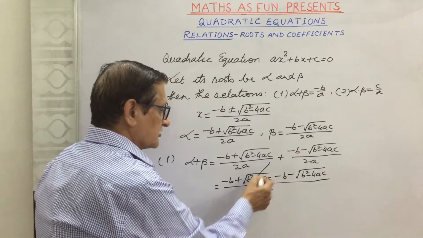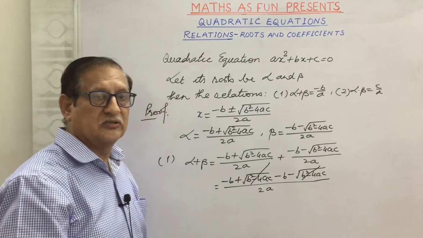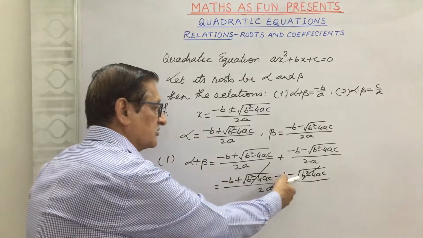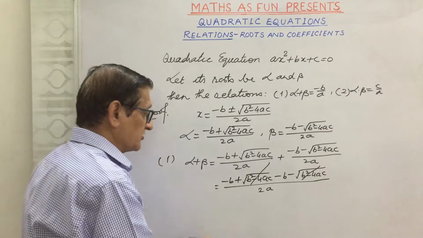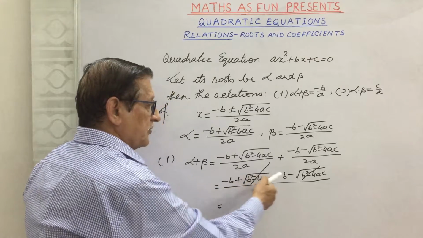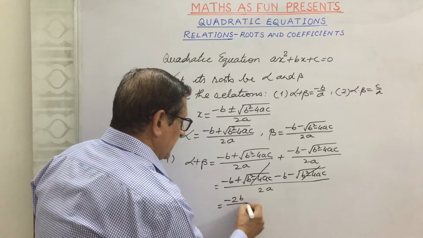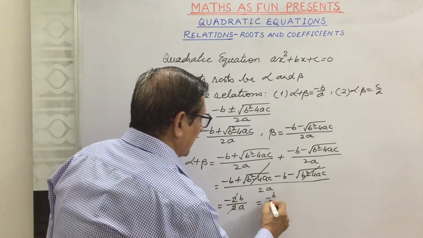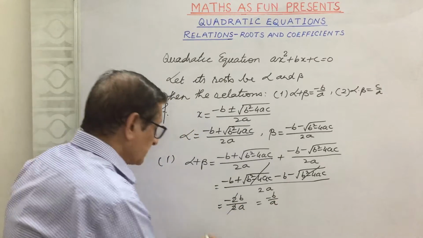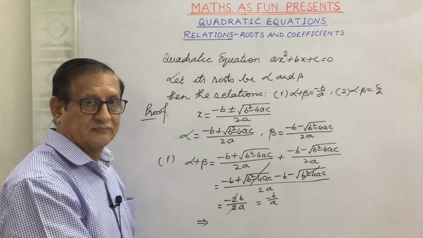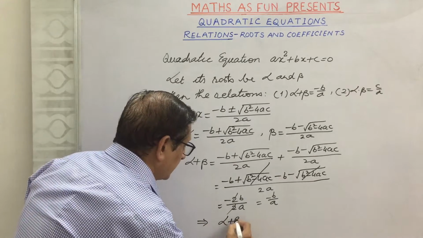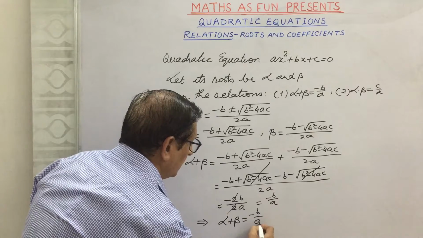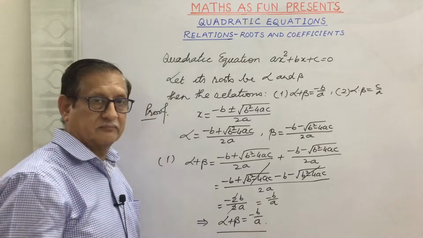And we see this and this are cancelled because this is positive, this is negative. And it gives you minus 2b upon 2a. 2 and 2 cancel, so it becomes minus b by a. It means we get the first relation, that is alpha plus beta is equal to minus b by a.